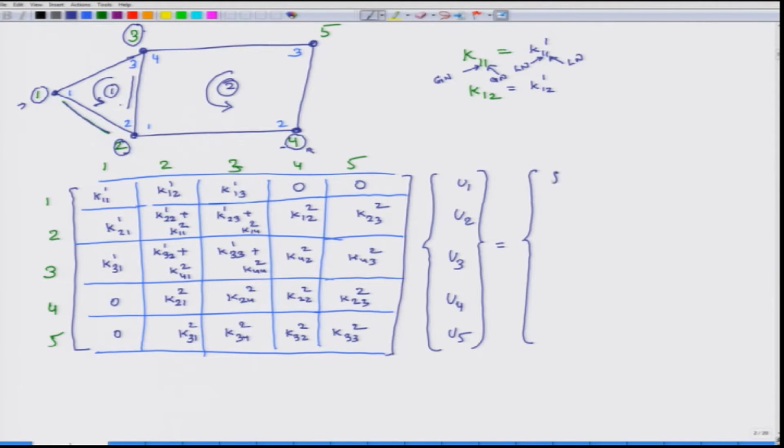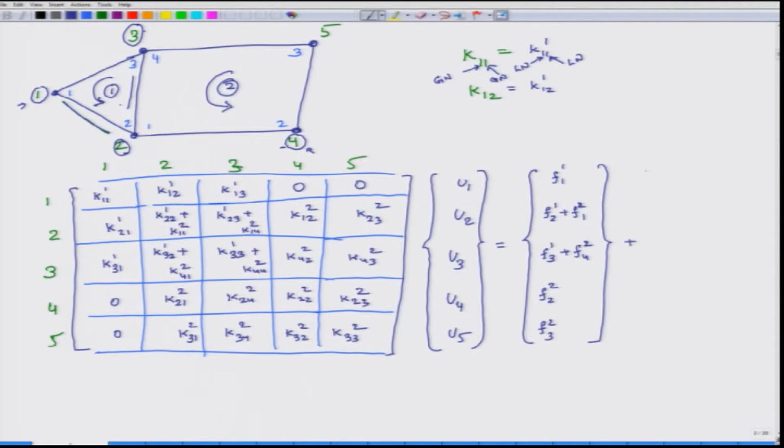So this is F11, this is F21 plus F21, third one is F31 plus F42, fourth one is F22, and fifth one is F32, right.